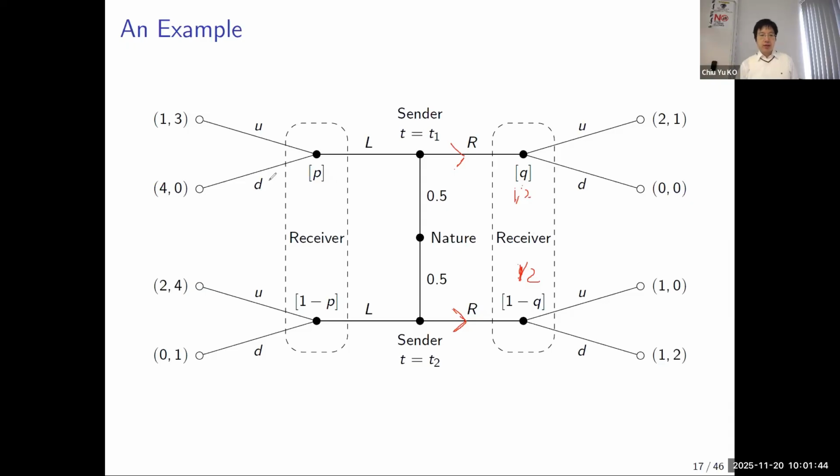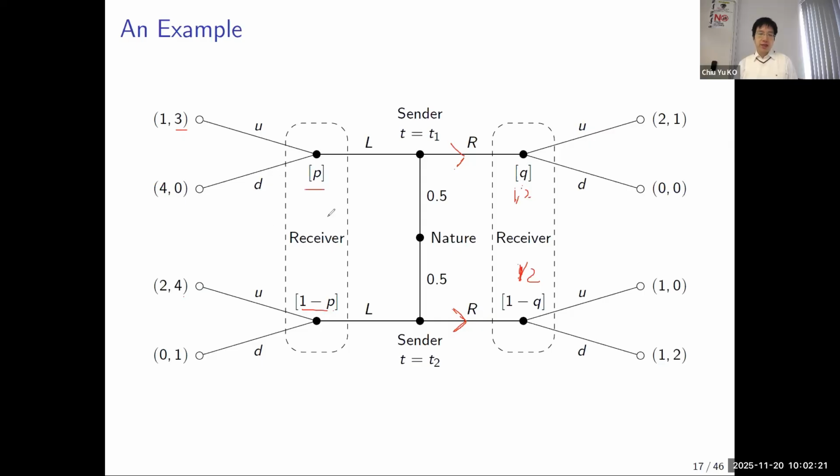But clearly, it's not free, because you have 3 and 4 for U, and for D you have 0 and 1. There's no belief that, no matter what you assign, would justify you choosing D, because U is strictly dominant, U is better no matter what. But anyway, P can be anything at the moment.